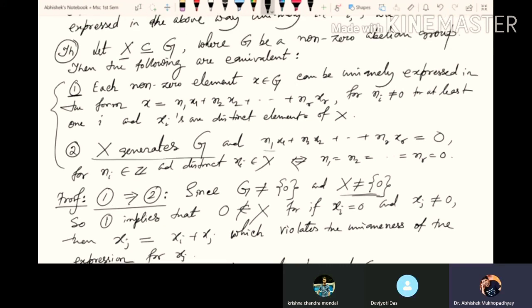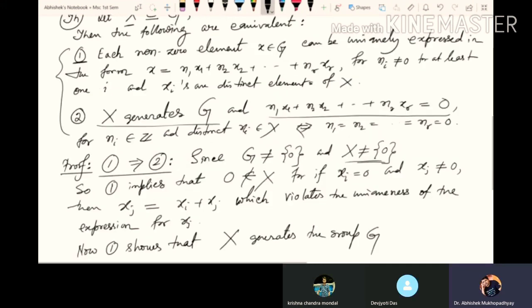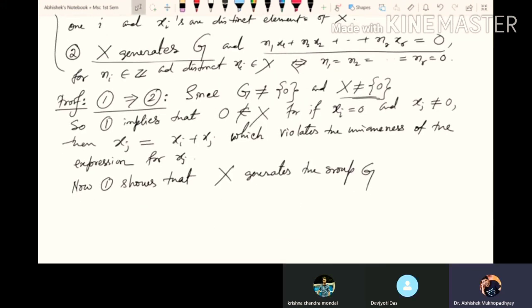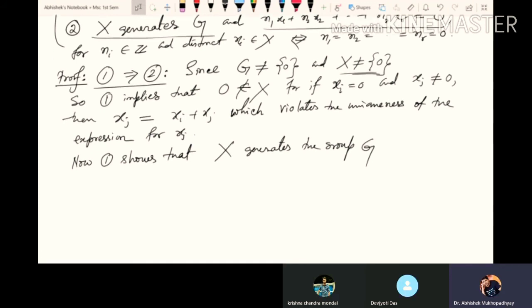Now we need to show that if for x1, x2, ..., xr, if n1 x1 plus n2 x2 plus ... plus nr xr is 0, this will happen if and only if n1 equals n2 equals ... equals nr equals 0. So we need to show this one.